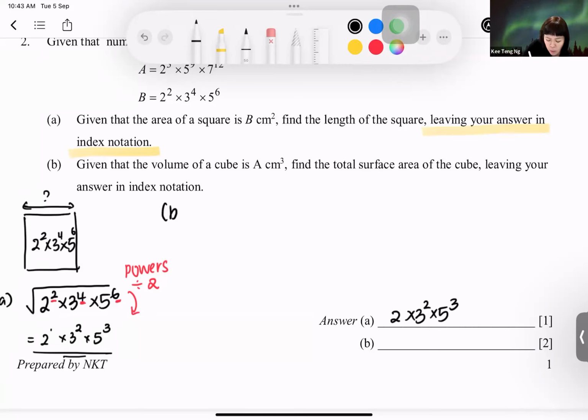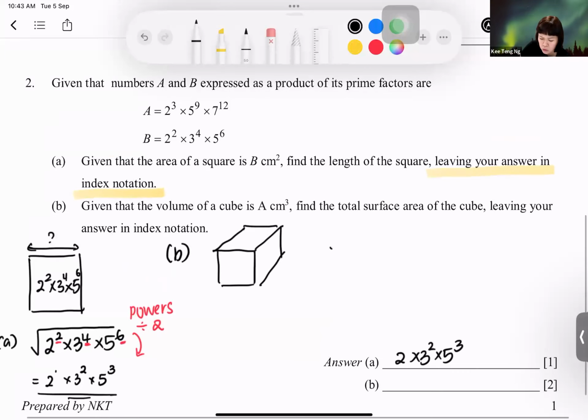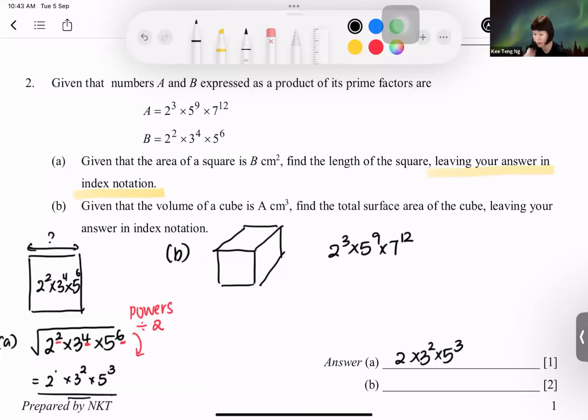Part B now. The volume of a cube. I give you the volume of a cube. The volume of the cube is A, so the volume is 2 to the power 3, 5 to the power 9, 7 to the power 12. They want to find the total surface area. Before that, I must first find the length of one side.